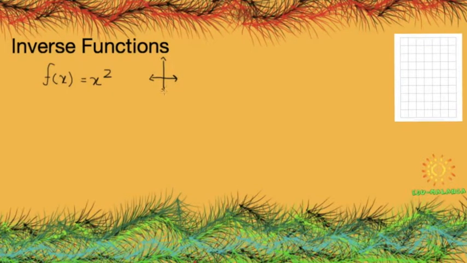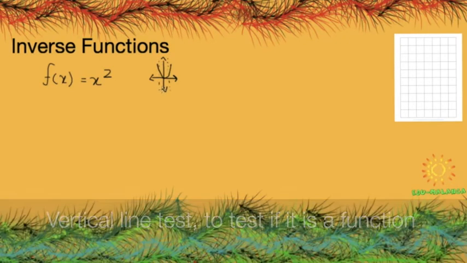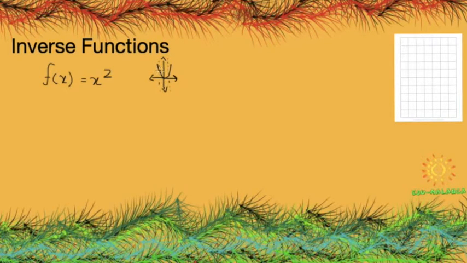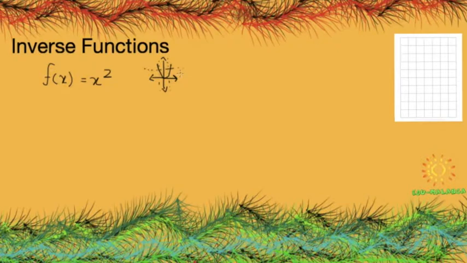If I was to draw a vertical line here, there, and everywhere, it would only cross the graph once. Therefore, it is a function. But if I drew a horizontal line, it would cross twice, making it a many-to-one function and not a one-to-one function.